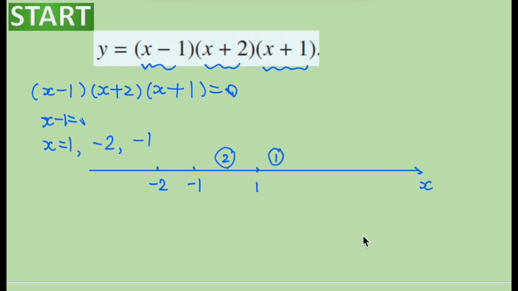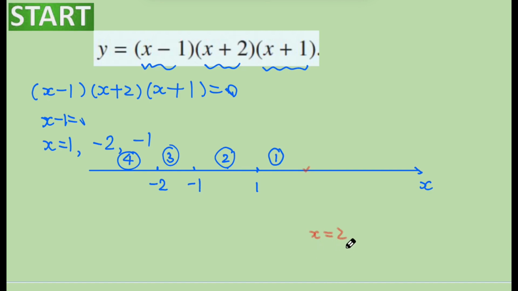These three values divide the number line into 4 sections. First, we confirm the sign of the first section, and here we can select the value x equals 2 to determine the sign of the first section.